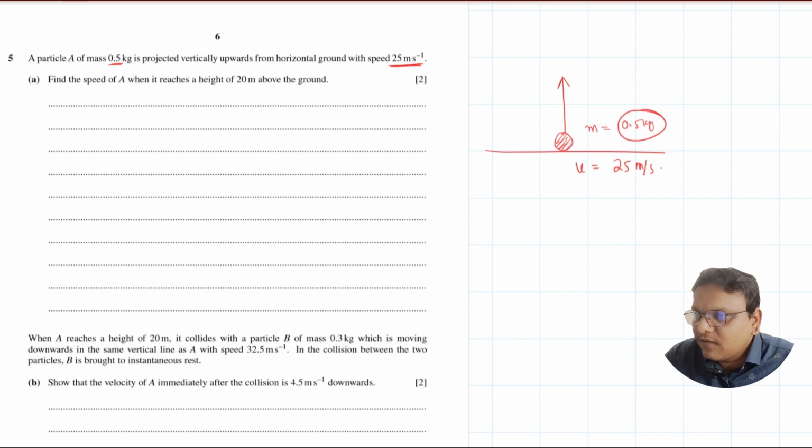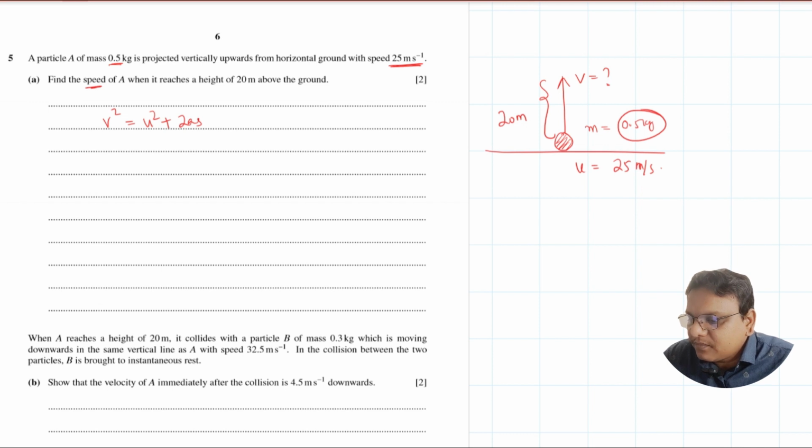Now the question is, when it reaches the height of 20 meter, what will be the final velocity, or we can say the final speed? So we have the formula v squared is equal to u squared plus 2as, right? Here remember one thing: when the direction of the object is upwards, definitely acceleration due to gravity will be negative.